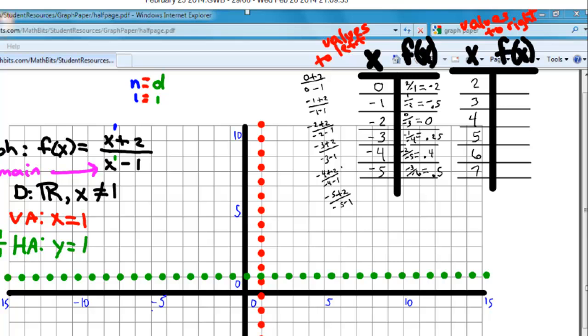Now pick values to the right of the vertical asymptote, because we're looking for x values. The vertical asymptote is at x equals 1. So the next whole numbers after x equals 1 are 2, 3, 4, 5, 6, and 7.